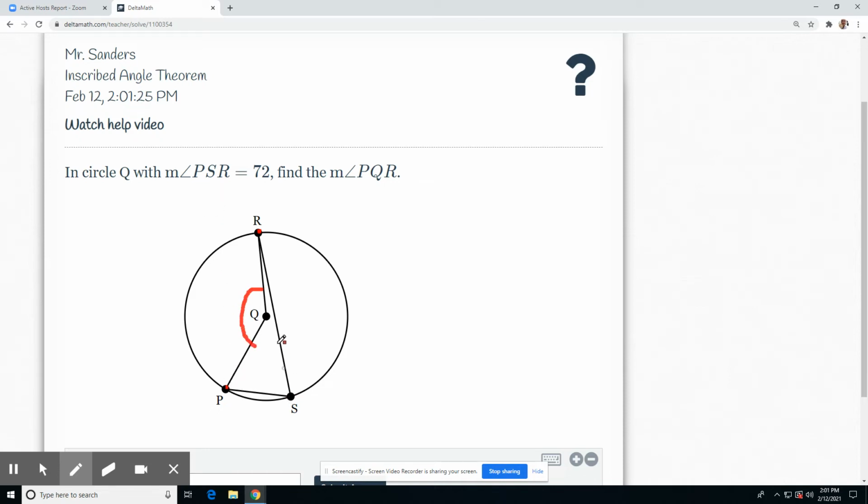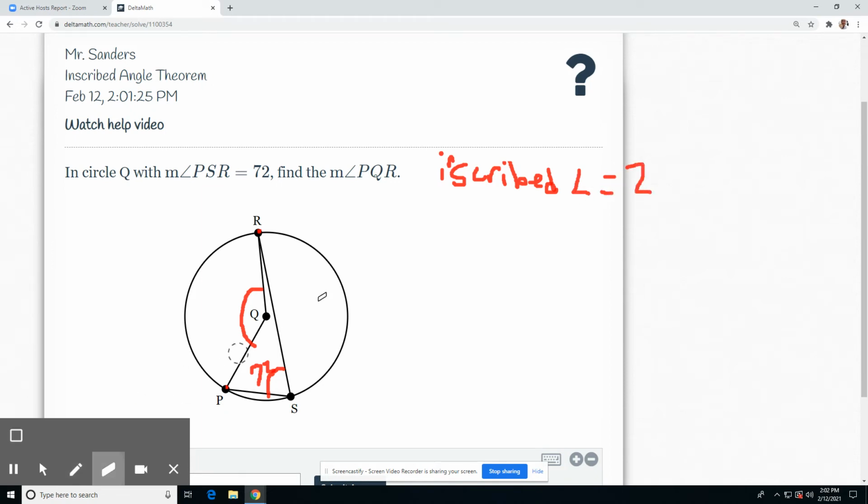PSR is 72. Find PQR. As you look at this, which one is the big one and which one's the small one? So inscribed. The inscribed angle is equal to, nope, that's the central.